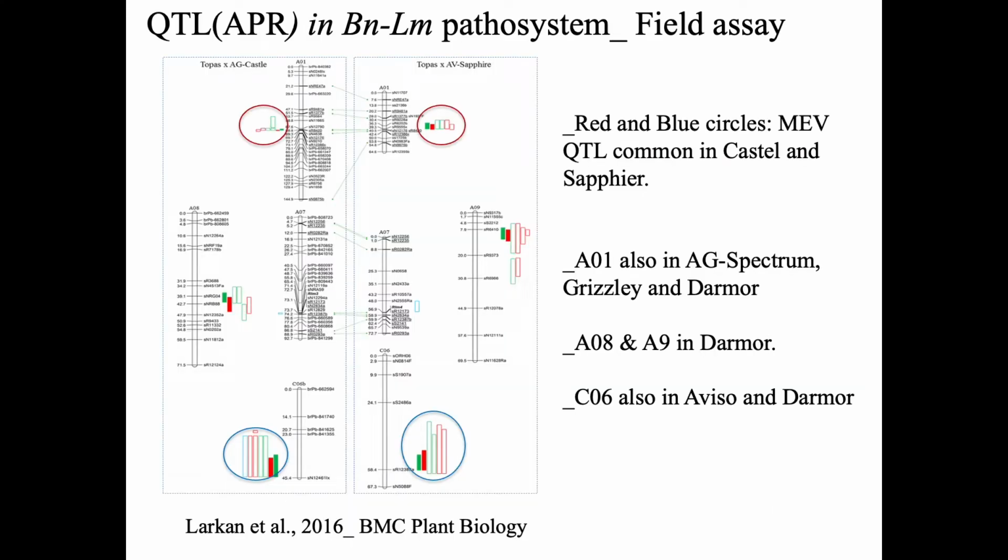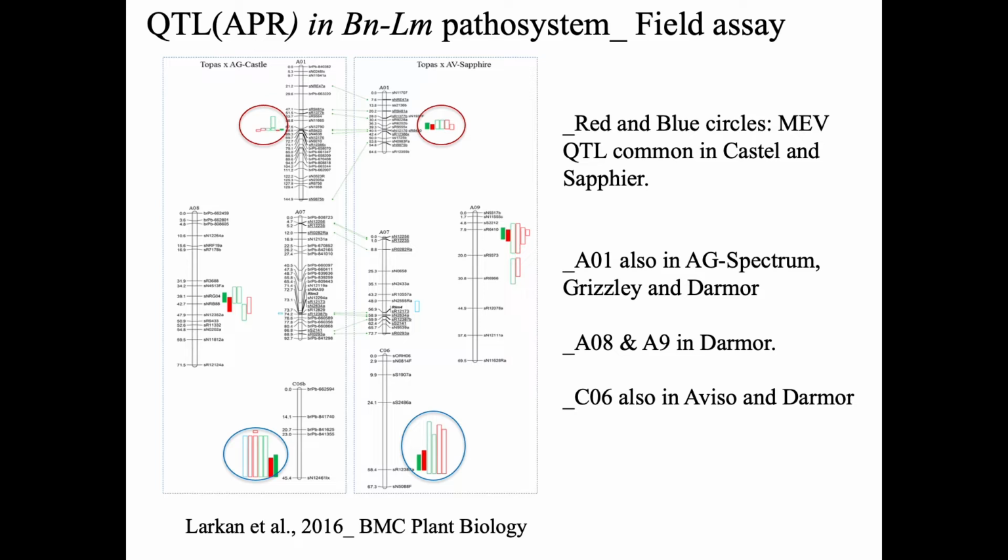We have also conducted QTL mapping of B. napus genes. We used two different populations. One of them was a cross between Castle as a resistant parent and Topaz as a susceptible. Another population was Sapphire as a resistant QTL parent and Topaz as susceptible.